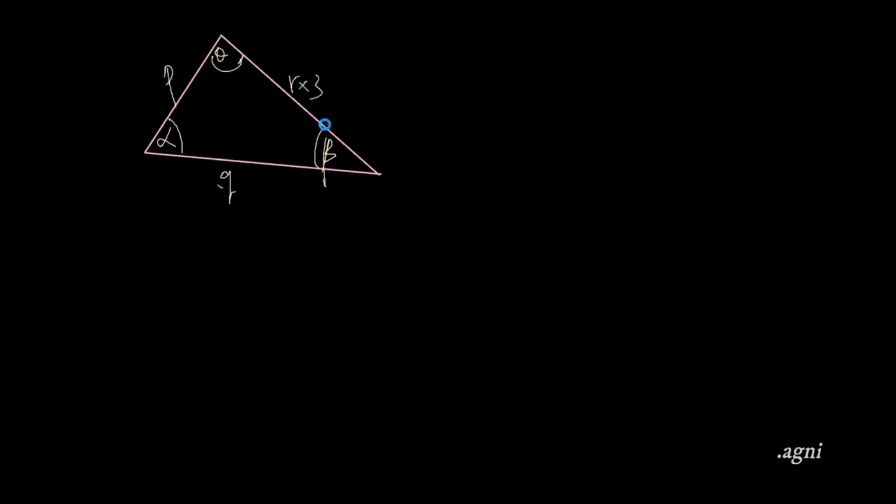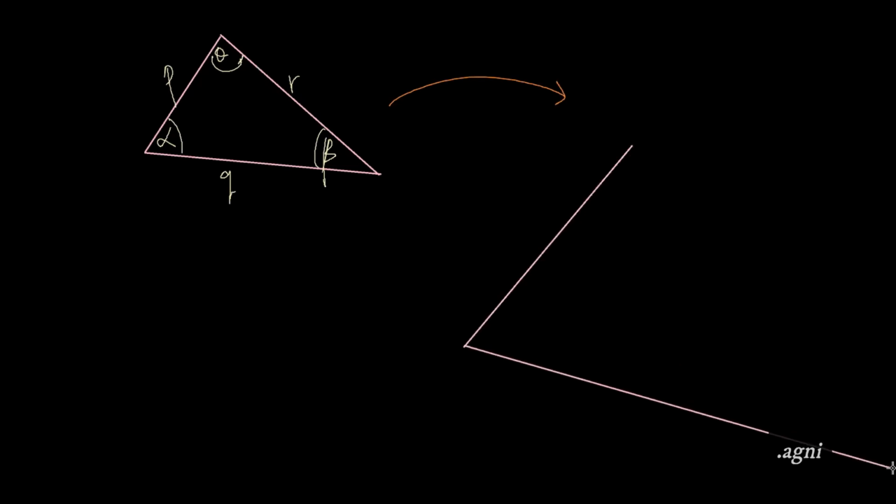So you can see if you multiply this by 3, you will have the same kind of triangle, but enlarged, something like this. Three times it is getting enlarged, isn't it? So something like this.